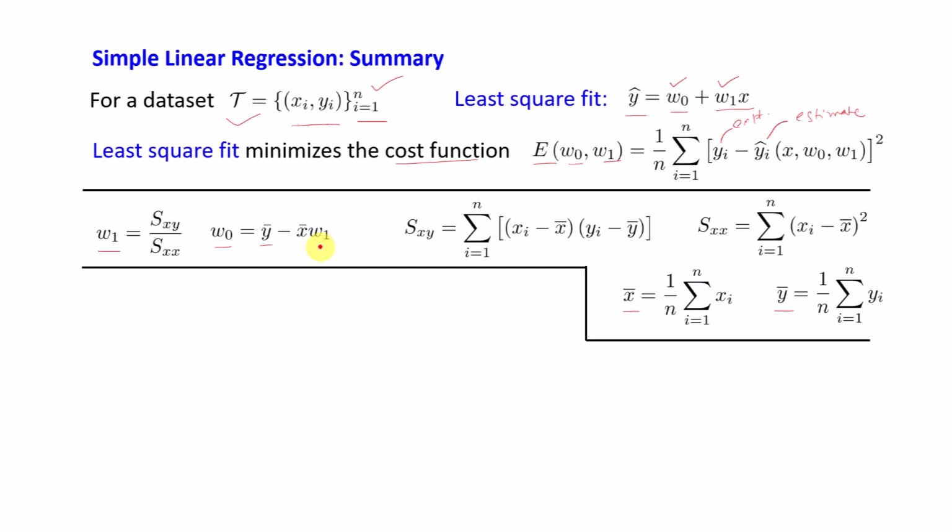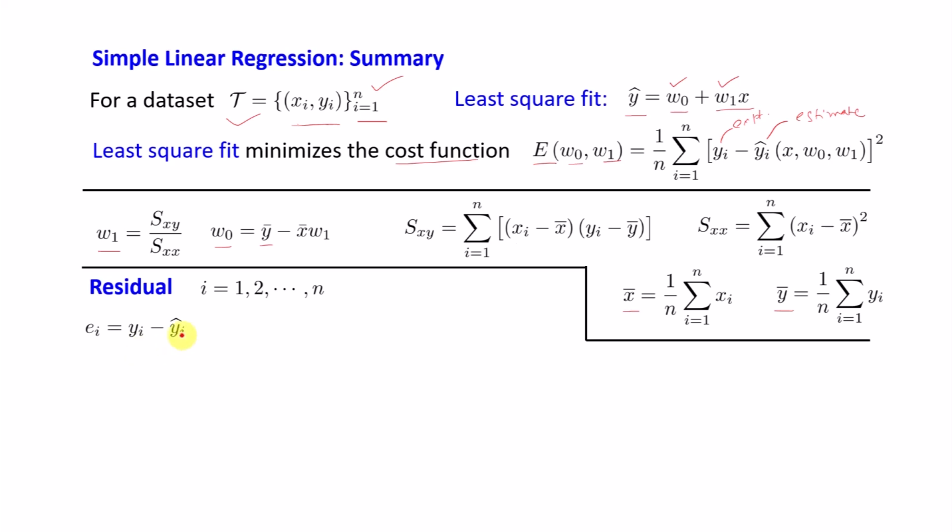Now we are about to find out how this least square fit is matching the trend in our data. One way to think about it is that the difference between yi and y hat i should give us something. We have already defined that term as the residual. So this ei, which is yi minus y hat i for all i, let us see what the summation of this would be.